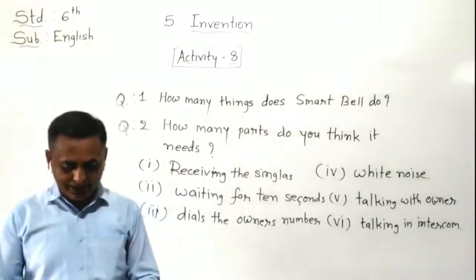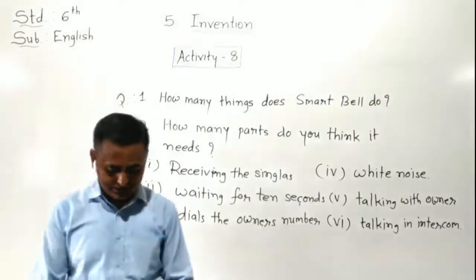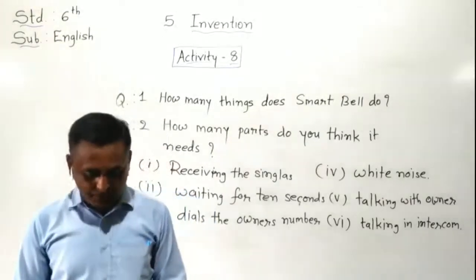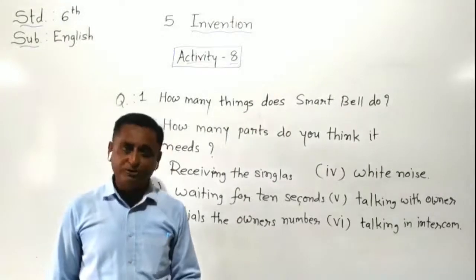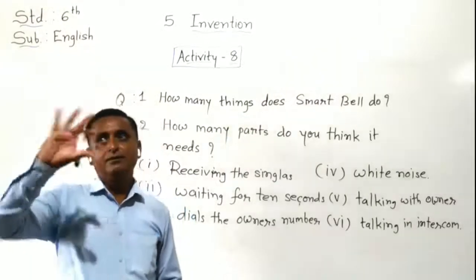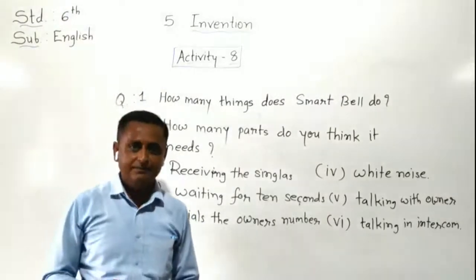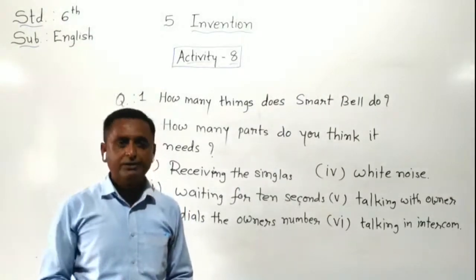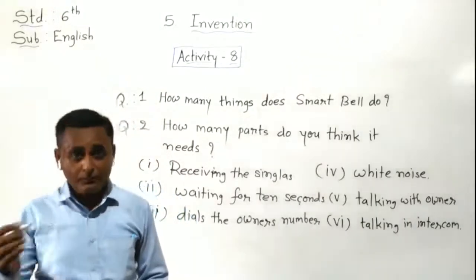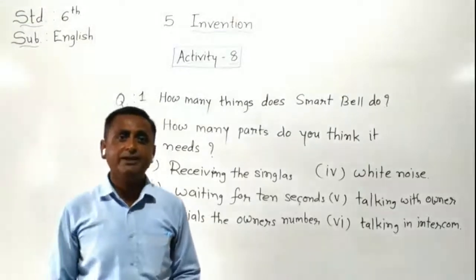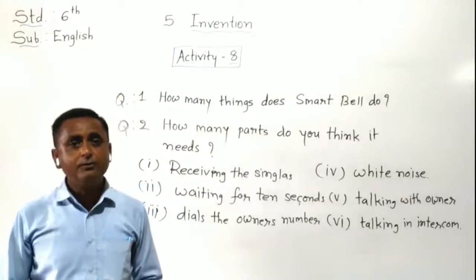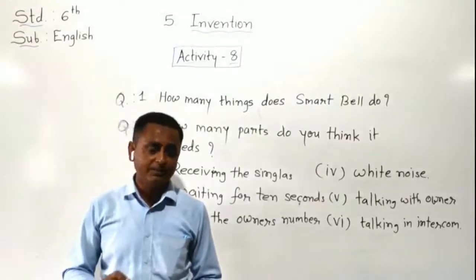Now the next thing we have to do, just pay attention here. Work in a pair or group to draw a possible design for a smart bell, showing all the parts needed to make it. As you saw, one design is given in your textbook; like that you have to create your own design for a working smart bell, drawing all the parts required.